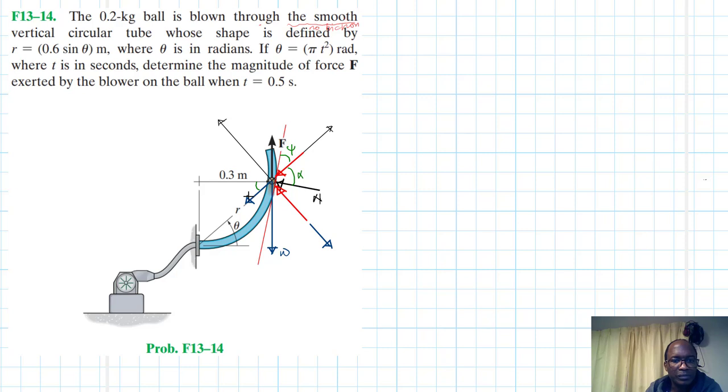If this is theta, then this one here is theta.